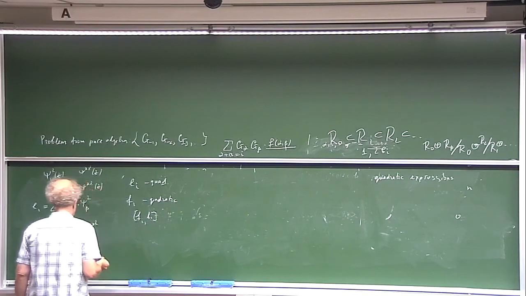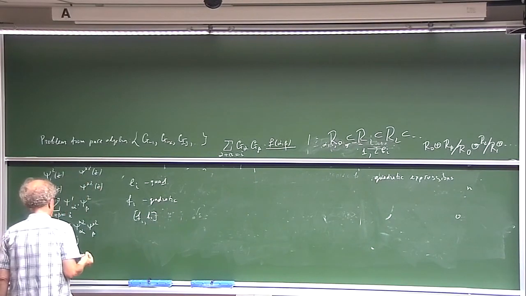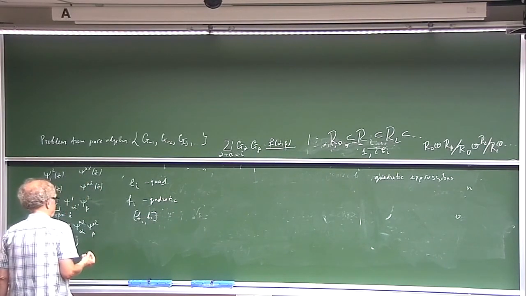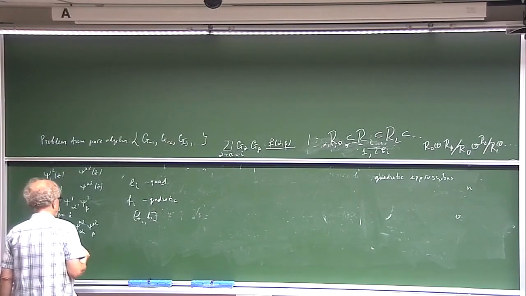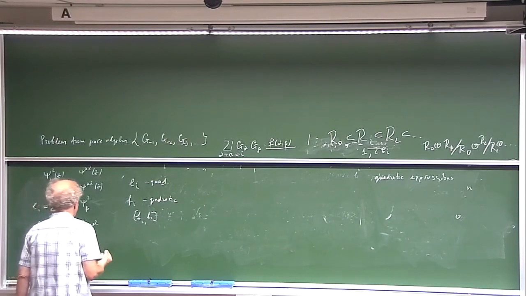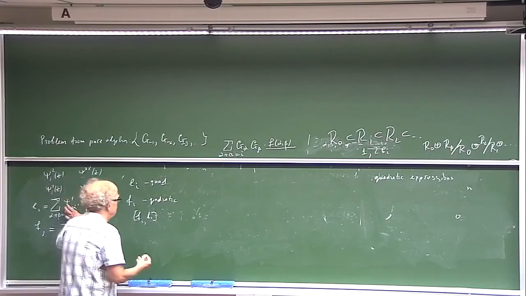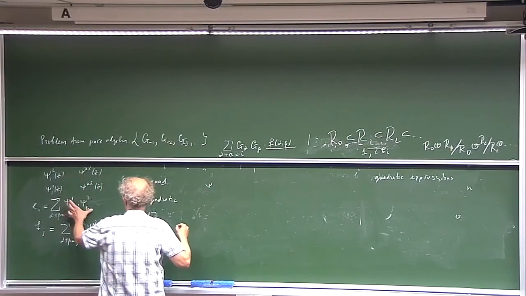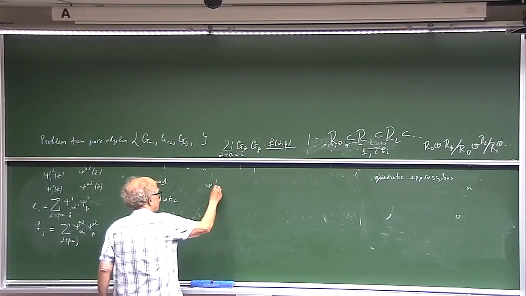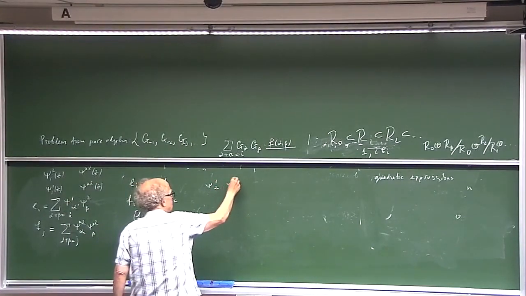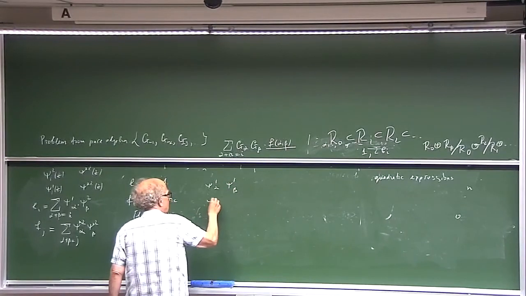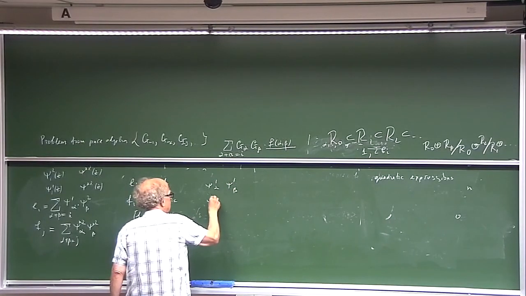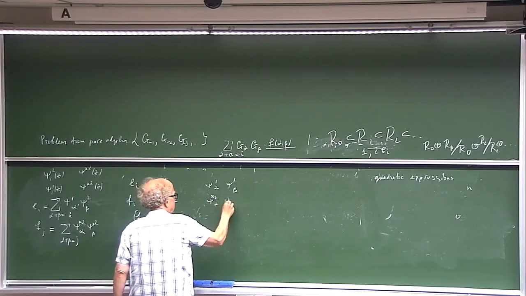Well, and now my space is the Clifford algebra, the space with the basis, the same as here: psi1 alpha, psi1 beta, psi2 star alpha, psi2 star beta.